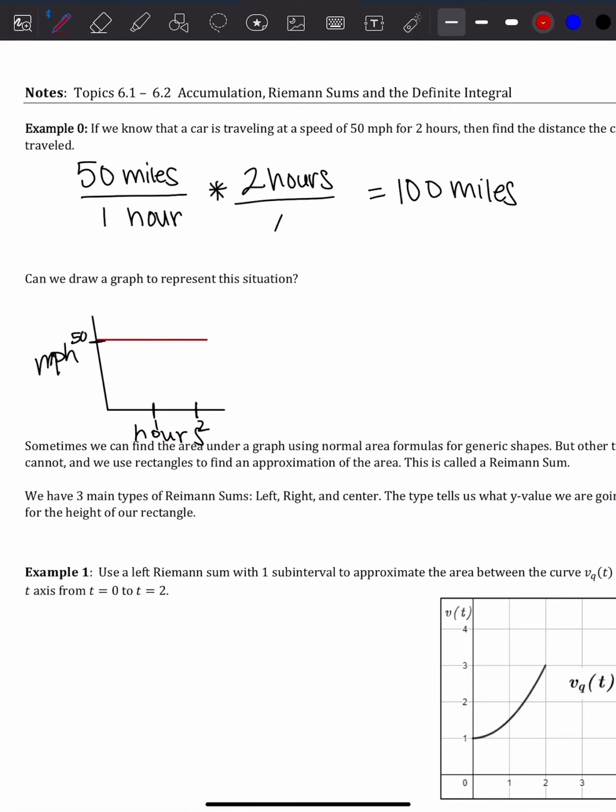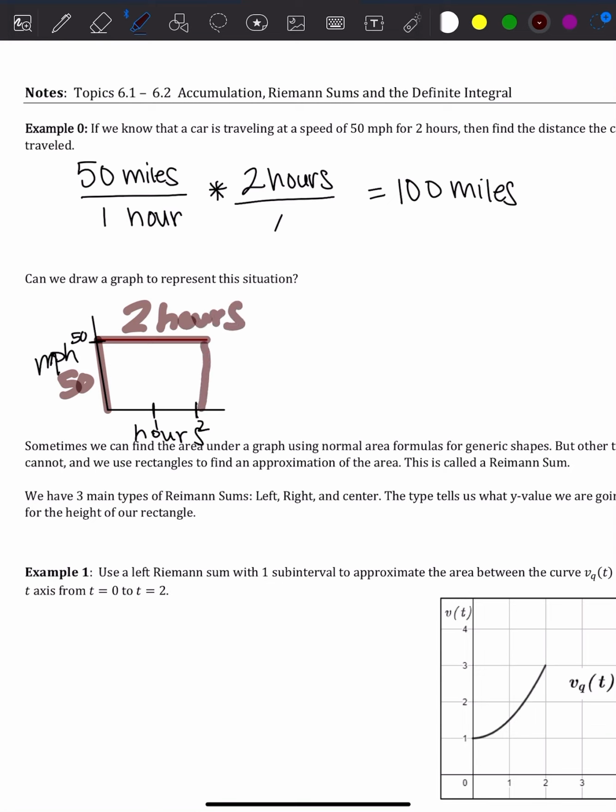Well, if I think about how we could get 100 from this, we are looking at an area. So this distance right here is 50. This distance right here is 2 hours.